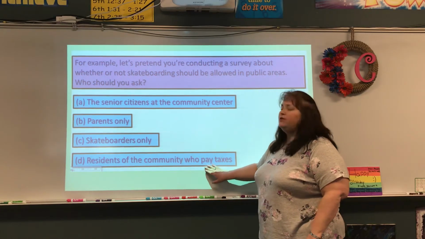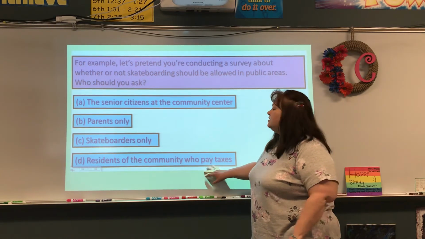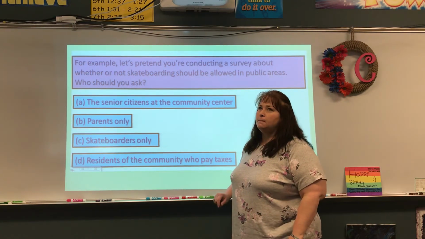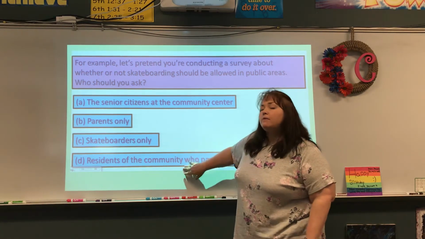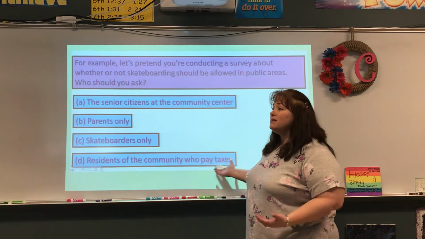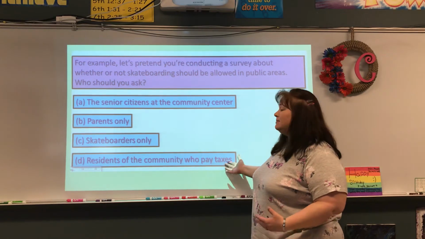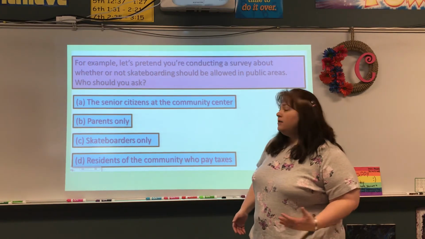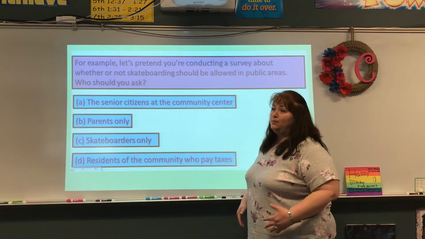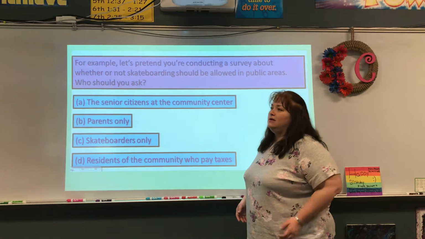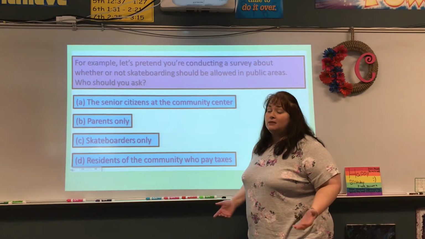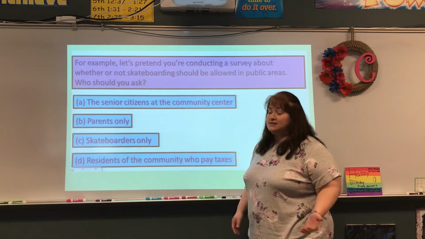Residents of the community who pay taxes. So this one is probably your best choice among these four, but I can see where this one might have some limitations on it also, because who do you mean as far as pay taxes? People who pay property taxes, or people who are just consumers and buy things in the community, and so of course you're paying taxes there.